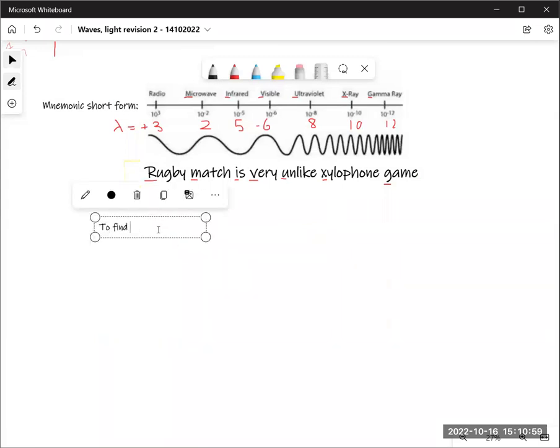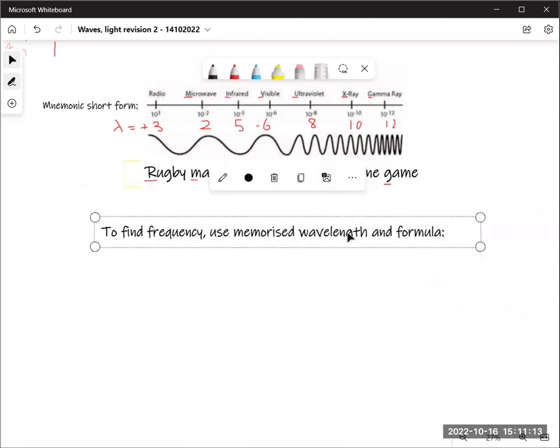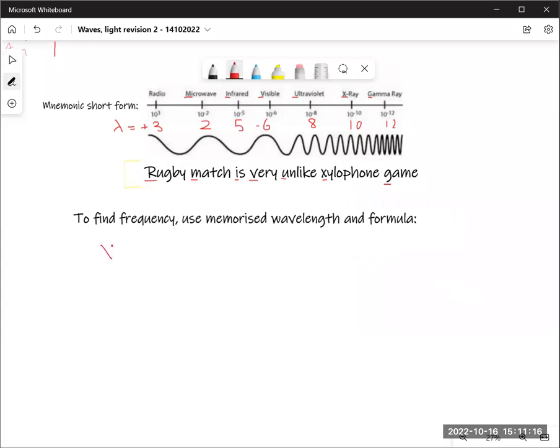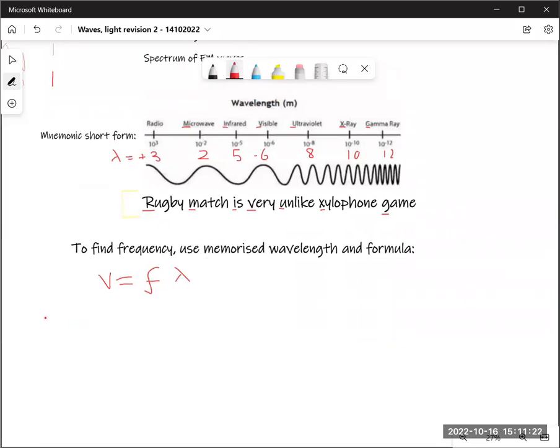To find frequency, use wavelength and formula. The formula is V equals F lambda. And all you have to do is replace the lambda with 10 raised to power 3.